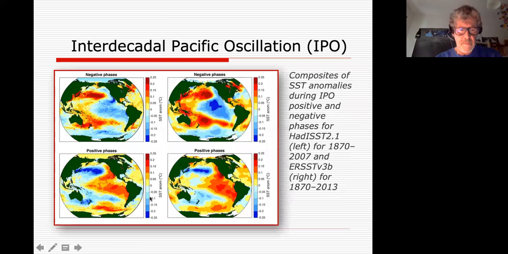You see here, you can find two different composites of SST calculated in the Hadley SST time series and other European data sets for two similar periods, and both show a clear pattern that we see here, which is similar to what we have found in the case of the PDO, but a similar pattern replicated in the southern ocean.